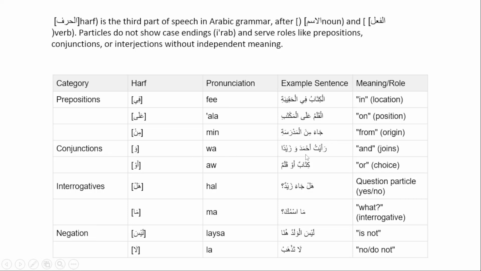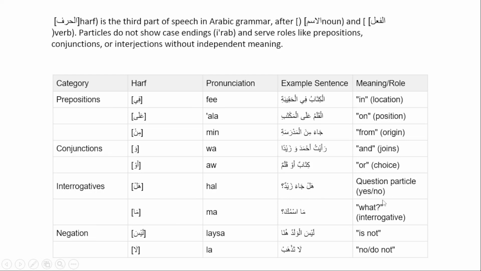Then wa means and. Ra'aytu Ahmad wa Zaidan. Ra'aytu means saw, from to see. I saw Ahmad and Zaid. Aw means or. Kitabun aw qalamun, book or pen. For interrogative we use hal. Okay, so hal ja'a Zaidun.